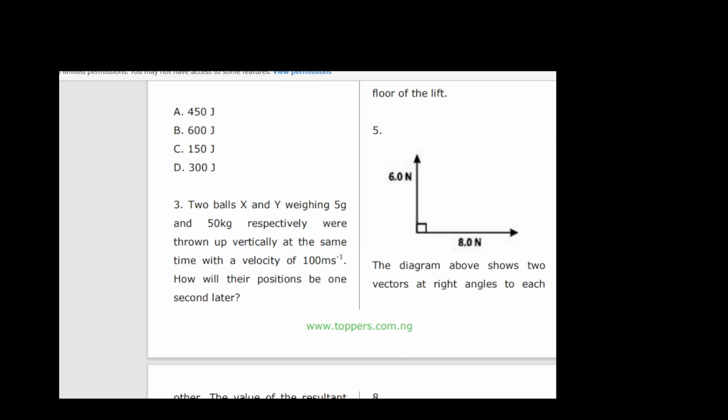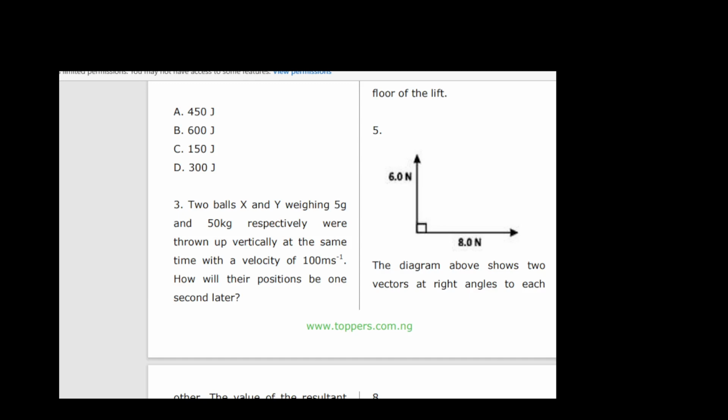So we are moving to the next question, which is question number 3. The question states that 2 balls, X and Y, weighing 5 grams and 50 kilograms, respectively, were thrown upward vertically at the same time with a velocity of 100 meters per second. How will their position be 1 second later?